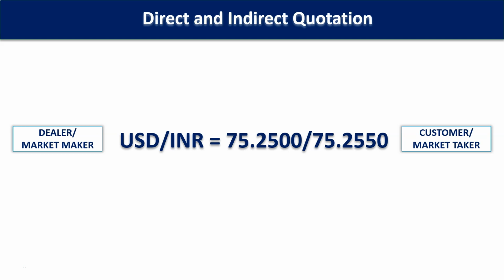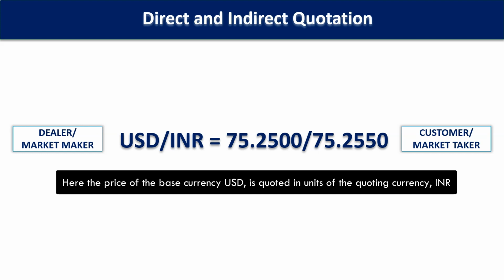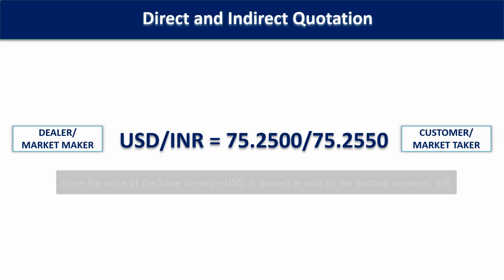First, always what is quoted is the price of the base currency in units of the quoting currency units. Here, the price of the base currency USD is quoted in units of the quoting currency INR.